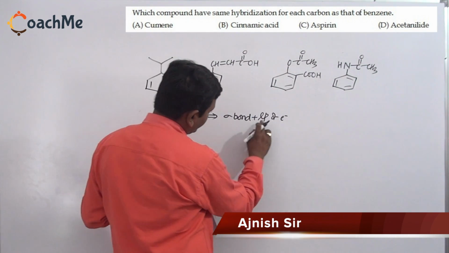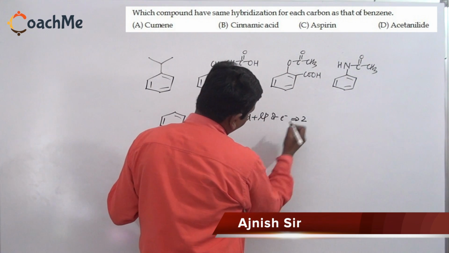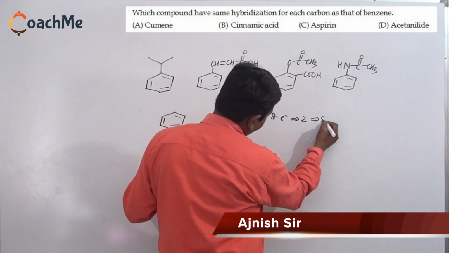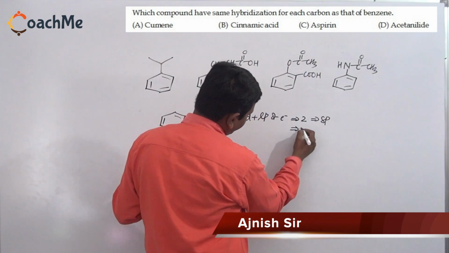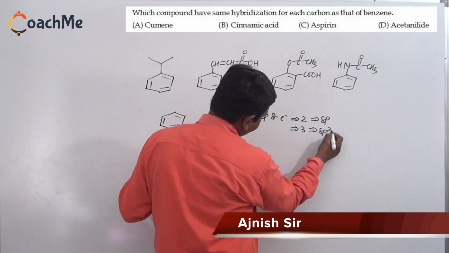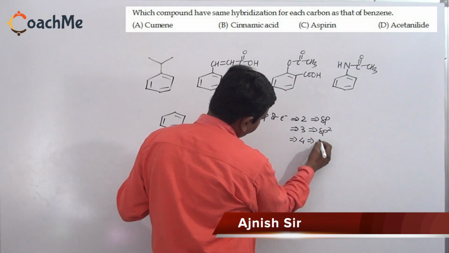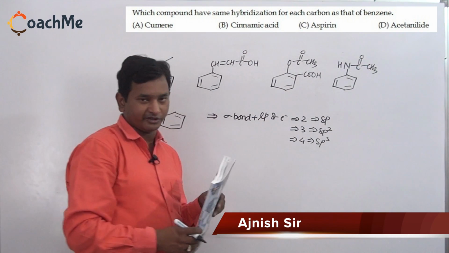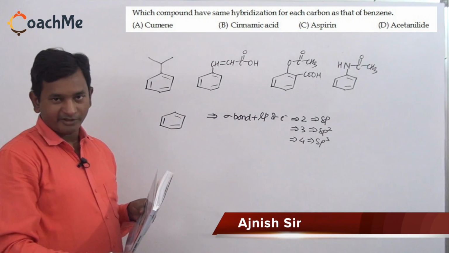If the sum of sigma bonds and lone pairs equals 2, then the hybridization will be sp. If it is 3, the hybridization will be sp2. And if the value is 4, the hybridization will be sp3. The concept is very simple.